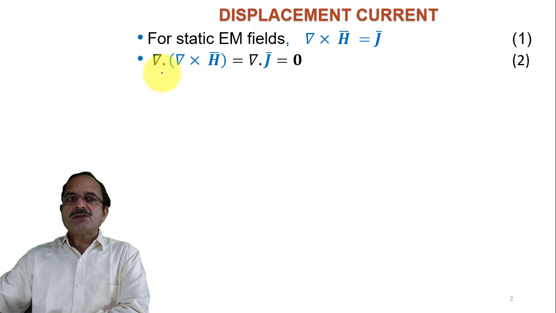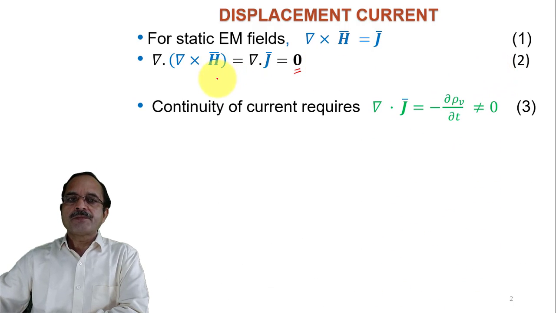So divergence of curl of any vector quantity is always equal to 0. So here we can say divergence of curl of H equal to divergence of J is equal to 0. So this is our equation number 2.